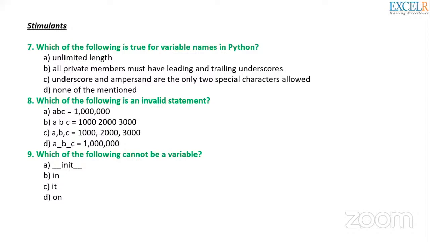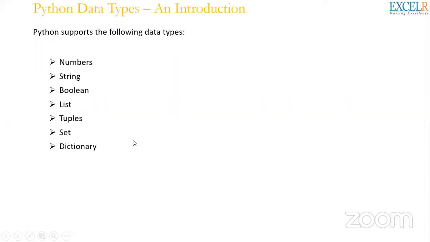Just unclutter your mind. We go to the next topic now quickly, which is Python data types. So what is a data type? What does it mean? See, in our life, we deal with various sorts of objects, right? When I'm counting money, I'm dealing with numbers.